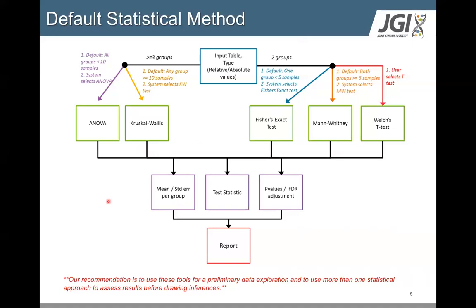It'll display the mean of the gene counts for each group and the standard error of each of those means, a test statistic, and then it will order the information based on the lowest p-value, the false discovery rate adjusted p-value. So there is a Benjamini-Hochberg error correction that happens to generate these false discovery rate adjusted values. We're going to look at the UI very soon, and we'll have a look at one of these result sets to see what all of that looks like.